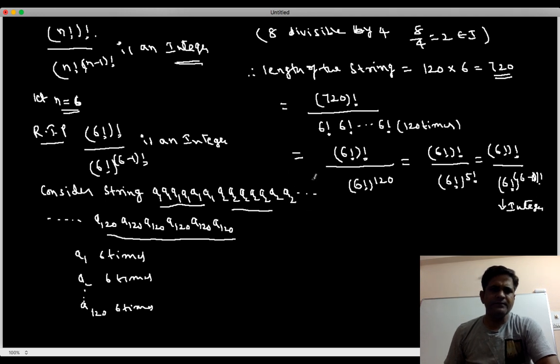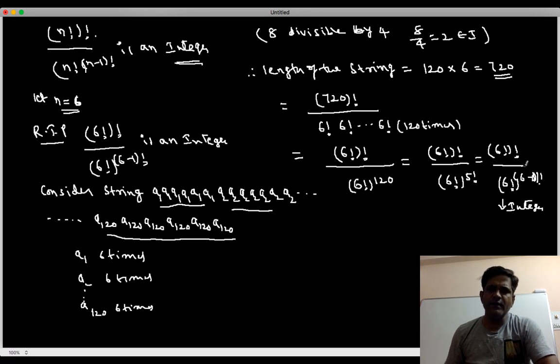So 6 factorial factorial by 6 factorial power 6 minus 1 factorial is an integer, meaning 6 factorial factorial is always divisible by 6 factorial power 6 minus 1 factorial.